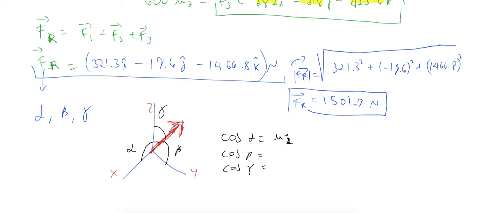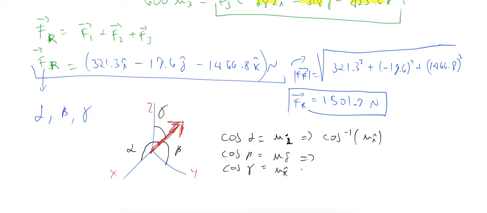If you want to find alpha, all you do is take the cosine inverse of that component of the unit vector in the I direction. The same thing applies for beta, and the same thing applies for gamma.